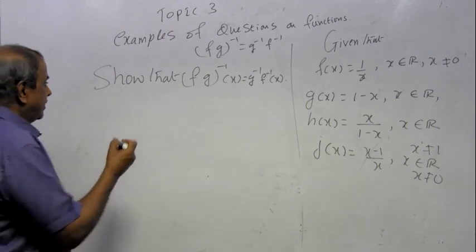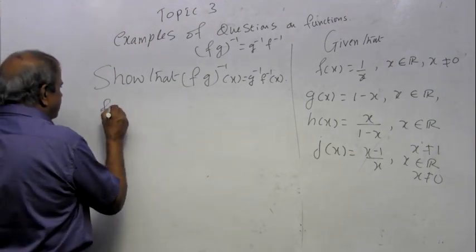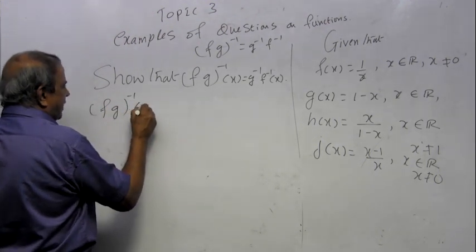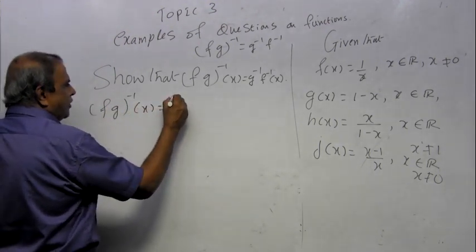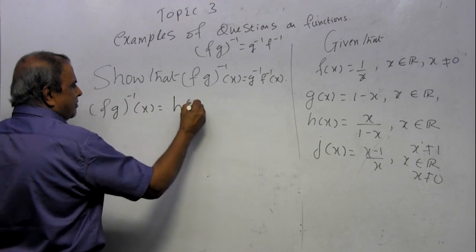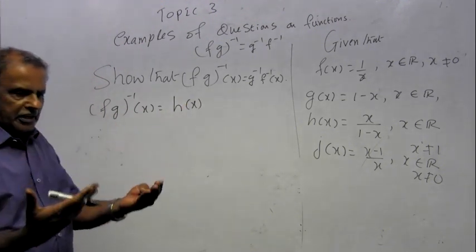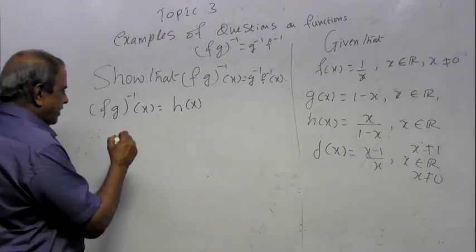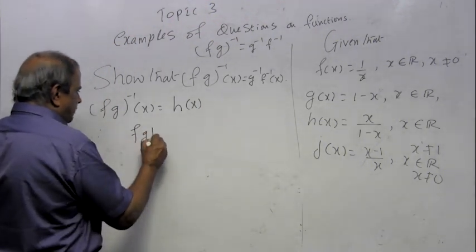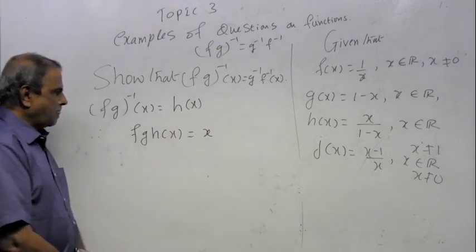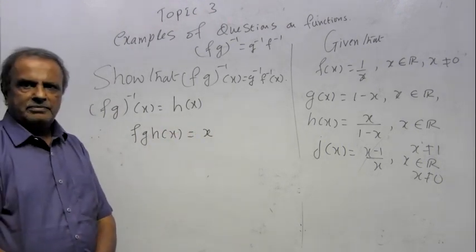So to do this, let's assume fg inverse of x is some function h of x. So therefore, remember, a function with its inverse gives you identity. So I can say fgh of x equals x. Correct?